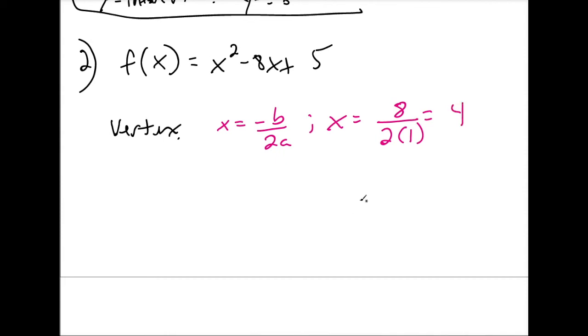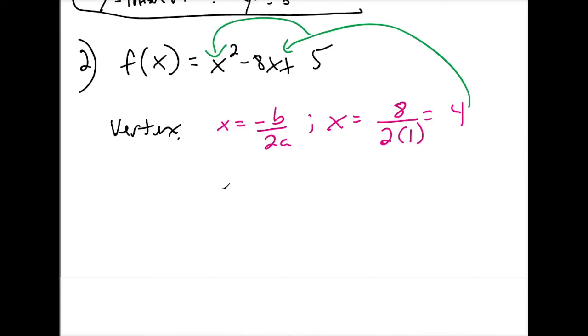So now what do you do with that number? You plug it in. Where are you going to plug it in? The x values. That number's going to go right there and right there.